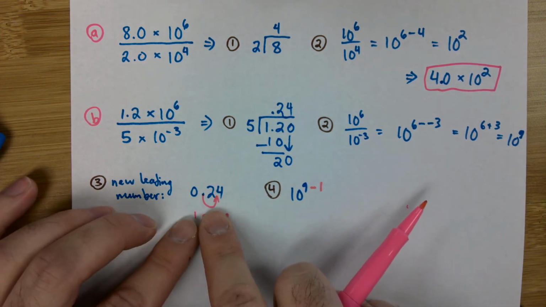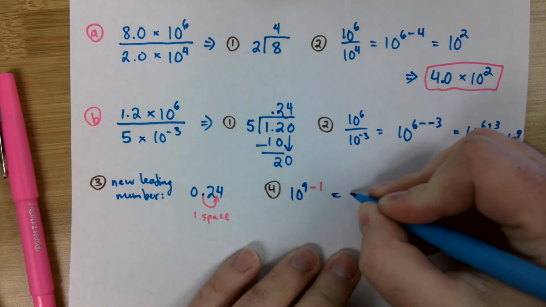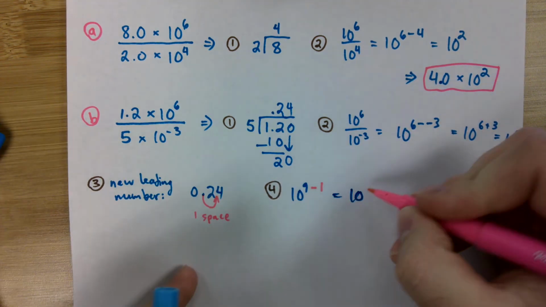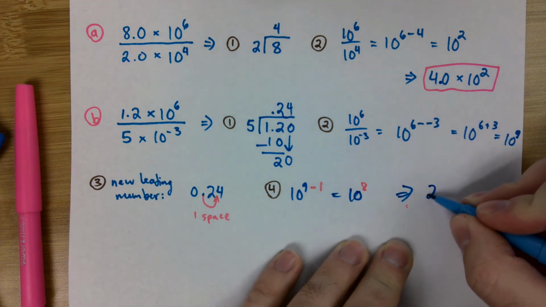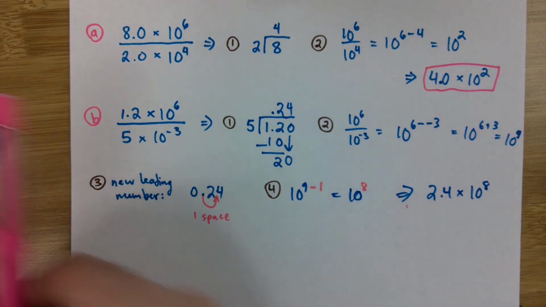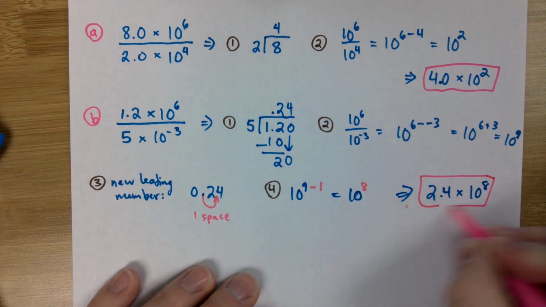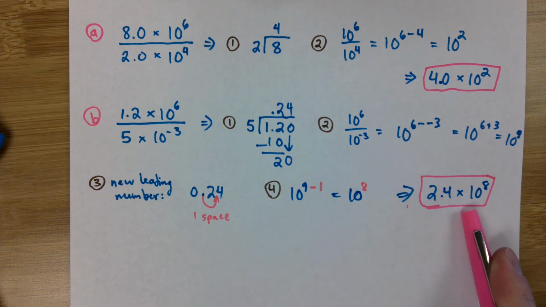Now we're moving it to the right. We have to subtract 1, and we get 10 to the 8th. So our final answer is 2.4 times 10 to the 8th. Same exact number as 0.24 times 10 to the 9th. Same number, just in the correct notation.